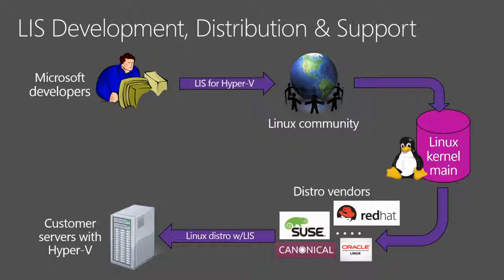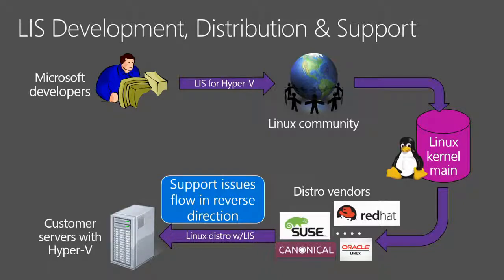We've got a set of distros that we work with to package the Linux integration services that way, and then have them effectively certified by the distro vendor. So if you have an issue with Red Hat running on Hyper-V, Red Hat stands behind that. You can take advantage of the support channels that you may have with Red Hat in order to get an issue dealt with.